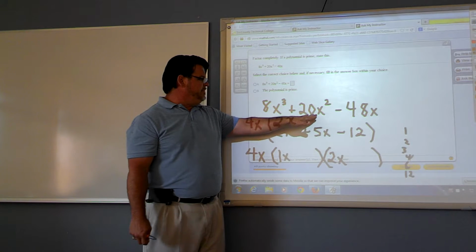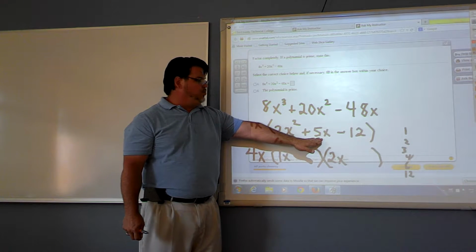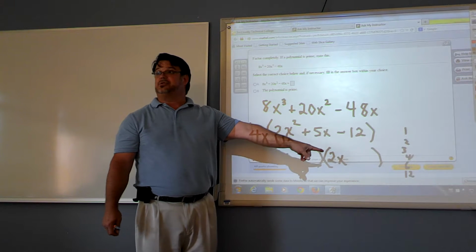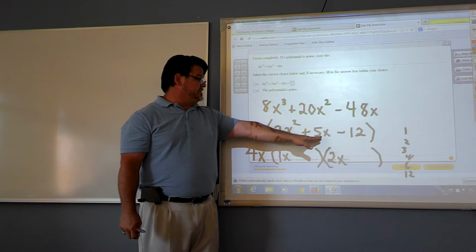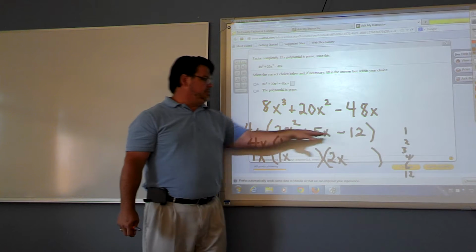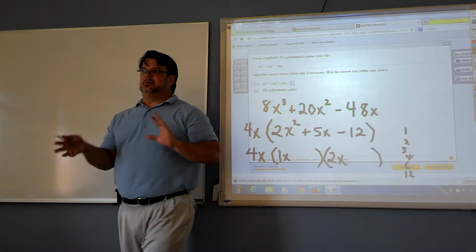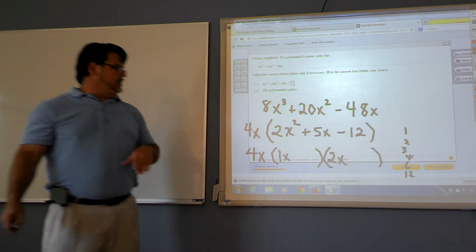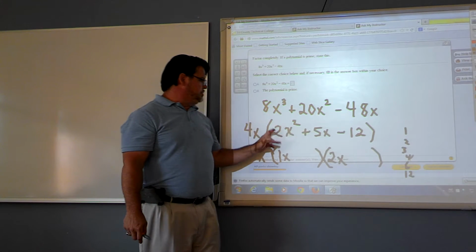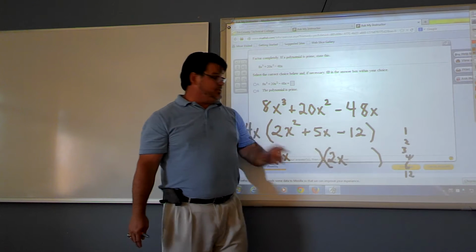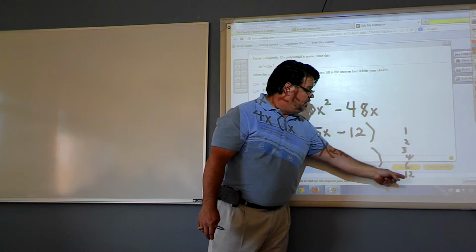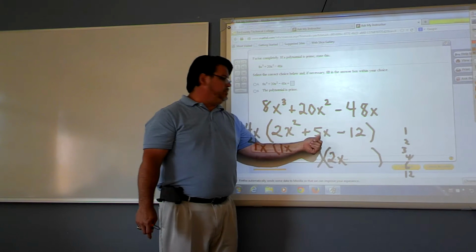So if this number right here is way out of whack with these 2 numbers, then chances are you'll use the 12. Like if this was a 72x, and this was a 2x and a 12x, that's out of whack, out of balance. But if it's in balance, if it's within the range of these 2 numbers right here, the 2 and the 12, then chances are it's gonna be one of these 4. Because the 1 and the 2, the 1 and the 12 will work if this is a big number.